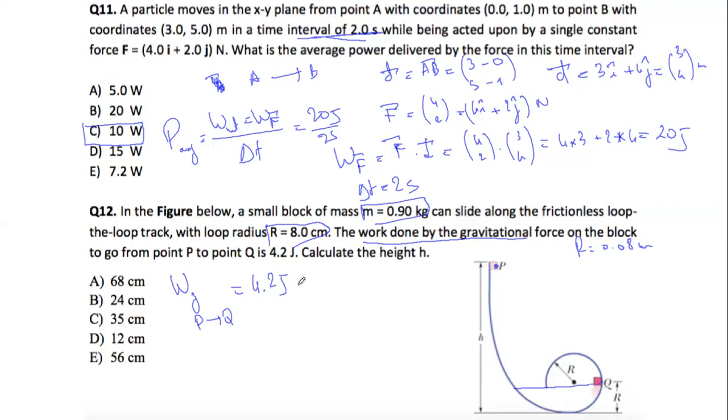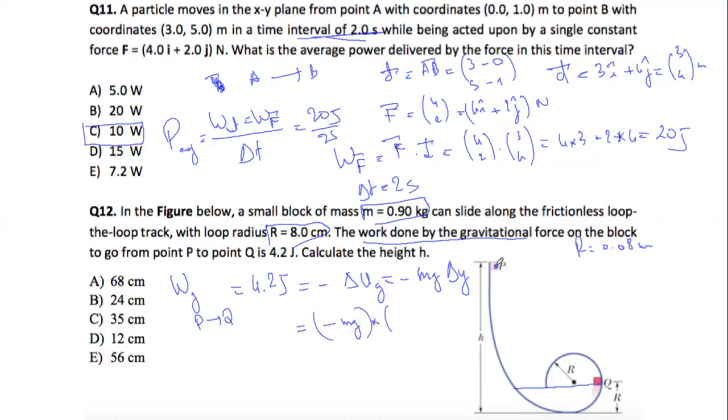You remember that work of gravitational force is minus change in gravitational potential energy. So this is minus mg delta y. But you remember what is delta y.